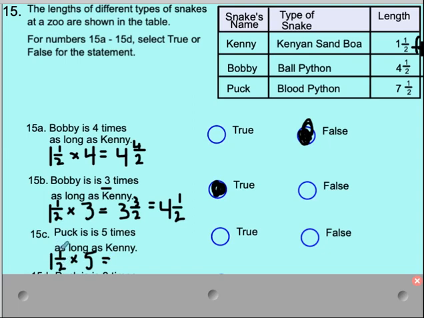So let's make this into 3 halves. So 1 1/2 is the same as 3 halves times 5 over 1. Doesn't matter how you solve it, just as long as you know what you're doing. 3 times 5 is 15. 2 times 1 is 2. 15 halves is the same as 7 wholes and 1/2. So did we get Puck's measurement? The answer to that is yes, making this one true.